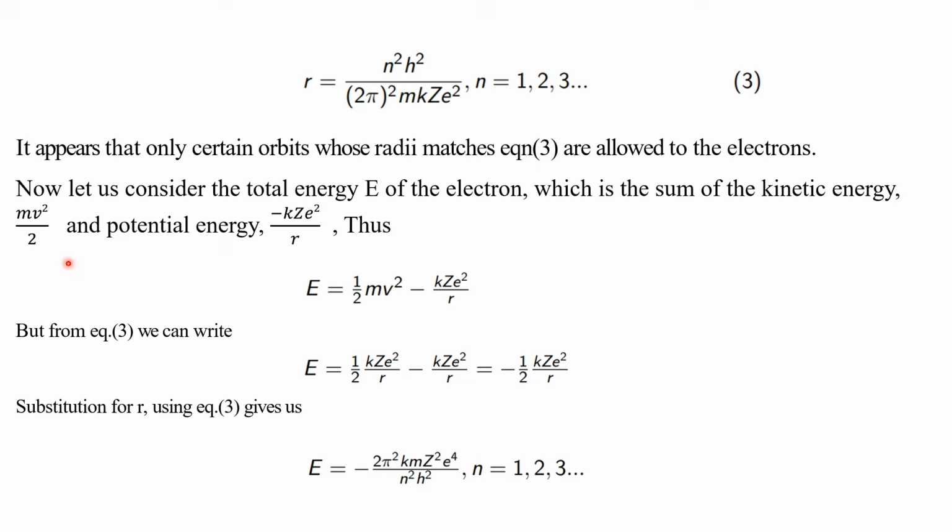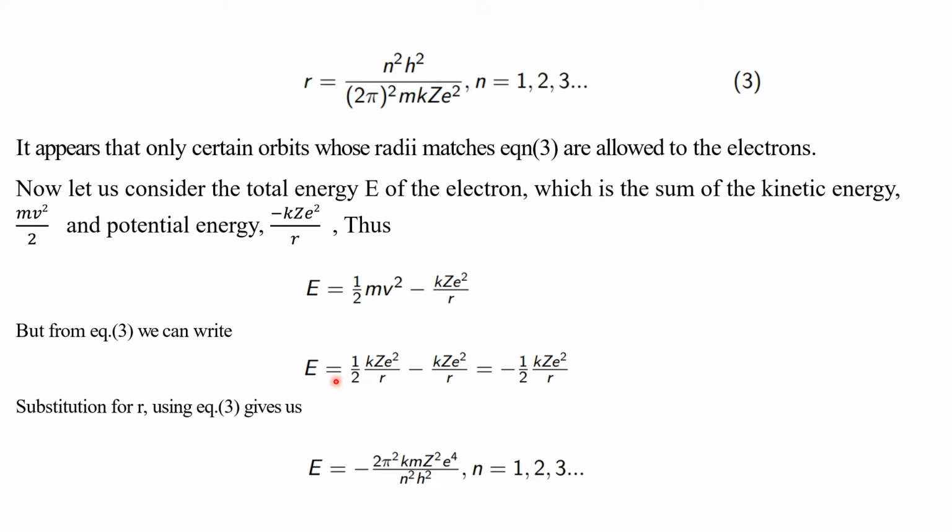Kinetic energy is half mv square, and the potential energy is minus k z e square by r. So total E is half mv square minus k z e square by r. The sign is minus here because there is attraction between the nucleus and the electron, an attractive force. Then we can simplify.